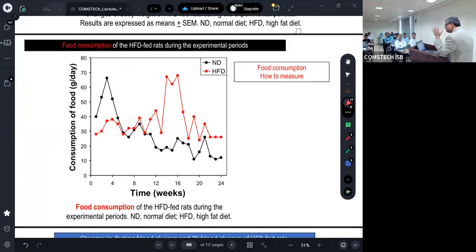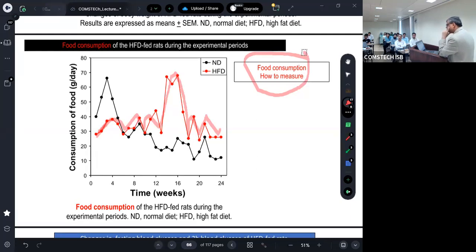Here we give a high fat diet and a normal diet, two groups; the red one is the high fat diet. Initially, this is the pattern of food consumption in grams per day, a zigzag pattern. My question is, how do you calculate food consumption?